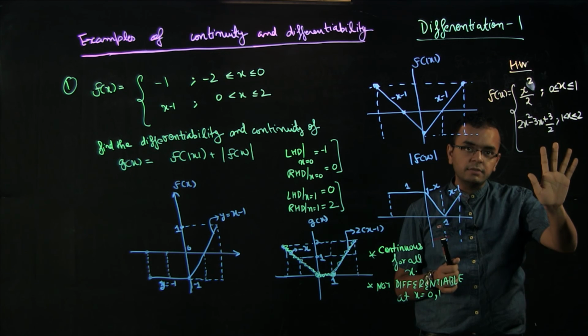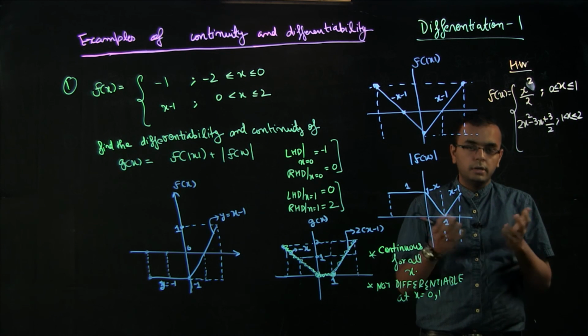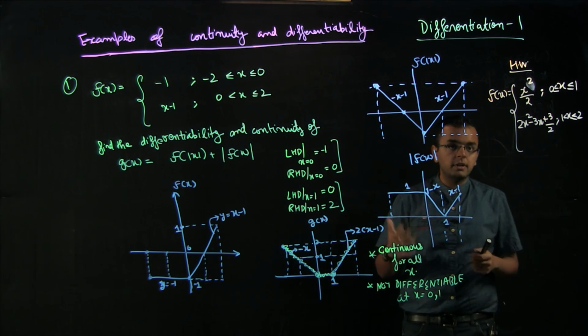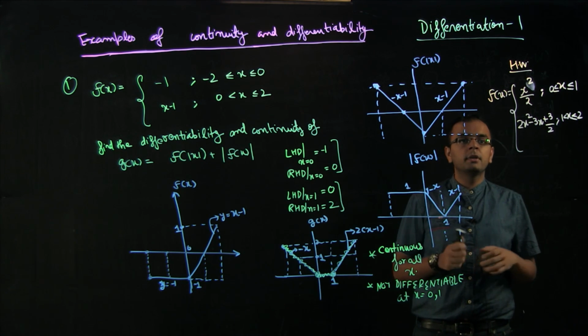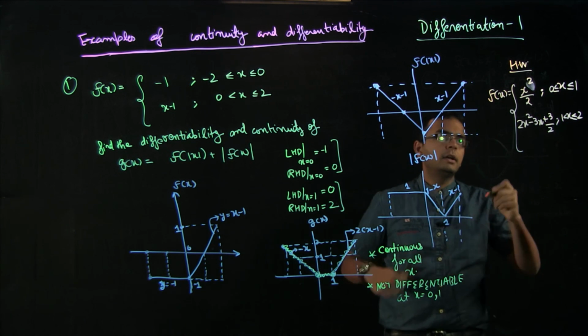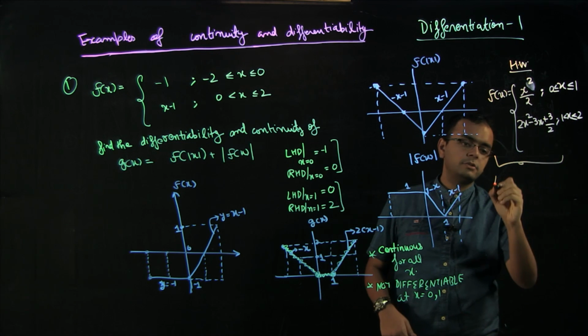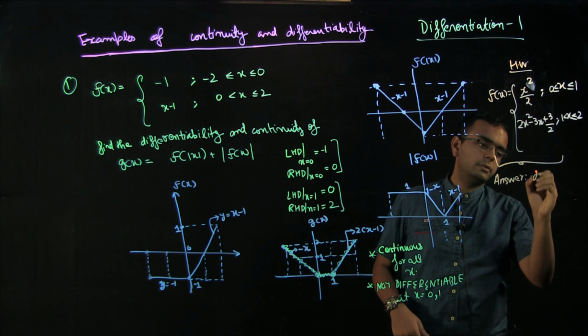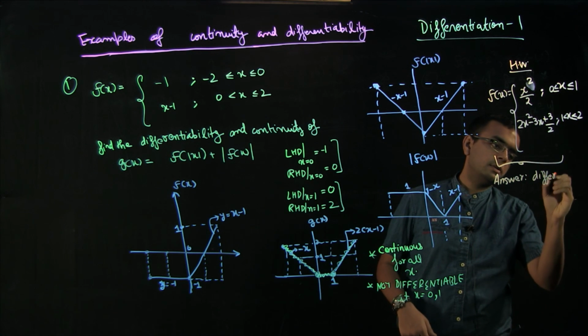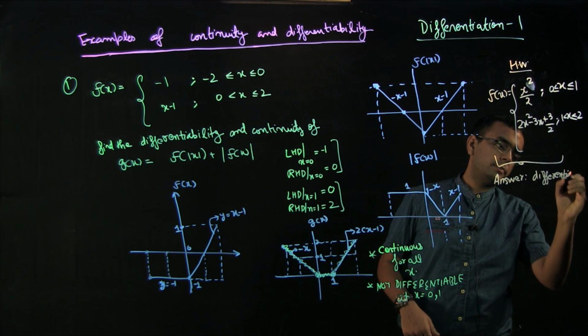How to differentiate these functions you will learn from the videos on formulas and basic differentiation types. I can just give you the answer directly: it is differentiable at x equal to 1.